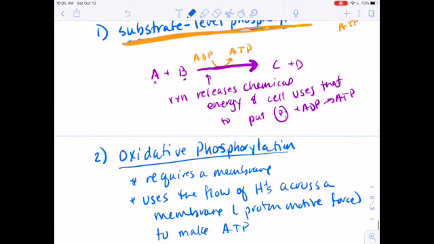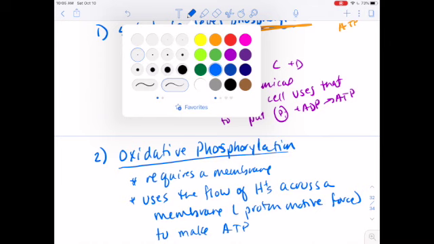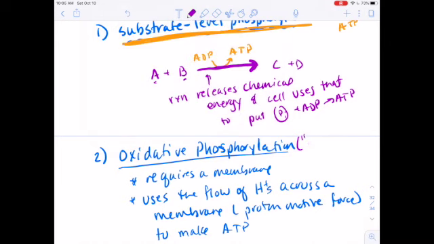Oxidative phosphorylation, I want to add this too, is also known as respiration. For a long time, I wondered if there is a difference between oxidative phosphorylation and respiration. Why do we use these two different words? I have looked this up, and as far as I can tell, there is not a subtle difference. Respiration is just another way to say oxidative phosphorylation.